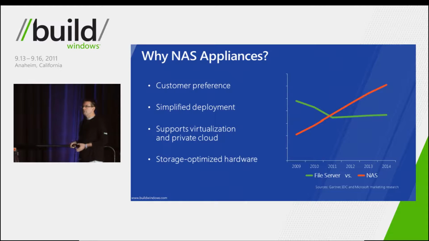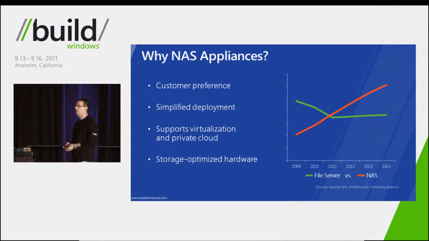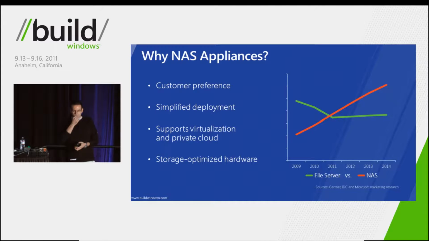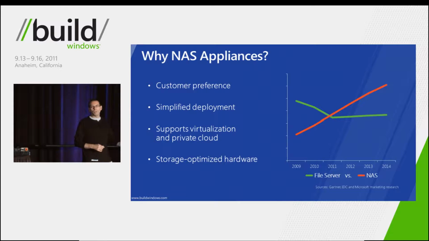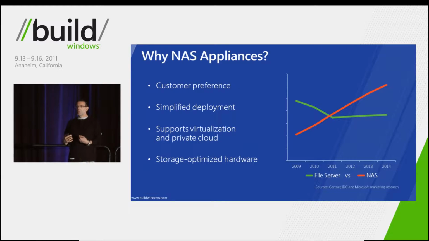But there's another reason that NAS appliances are important, and they'll be important going forward, which is that the hardware that it takes to deliver the kind of performance that you saw, the 2.5 gigabytes per second kind of performance, requires some engineering on the hardware side. It's an end-to-end performance analysis, and we'll talk a little bit more about that.